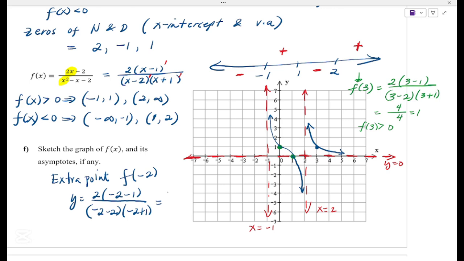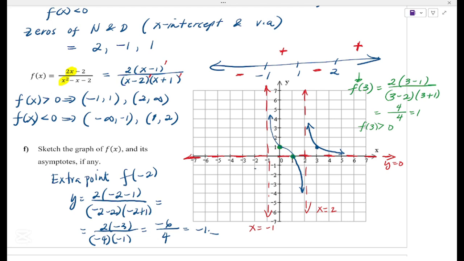So it's +2 times -3 over -4 times -1. So we will have -6 over +4. So this is -6 over 4. So it will be -1 point something. So when x is -2, it's -1 point something. It should be here.